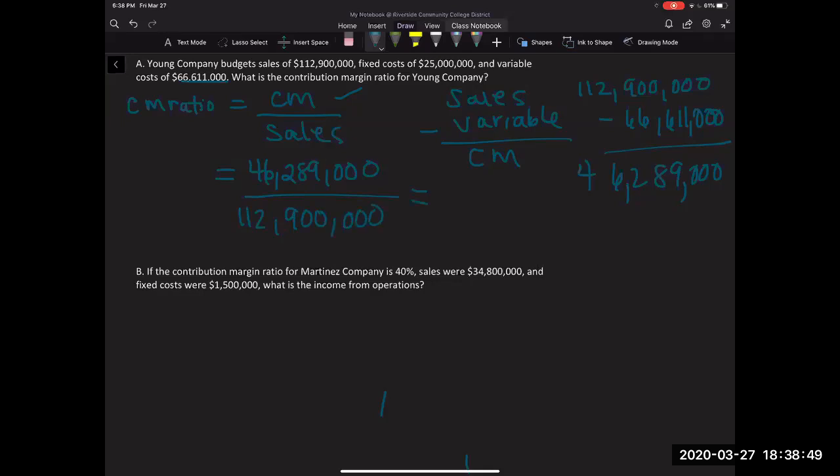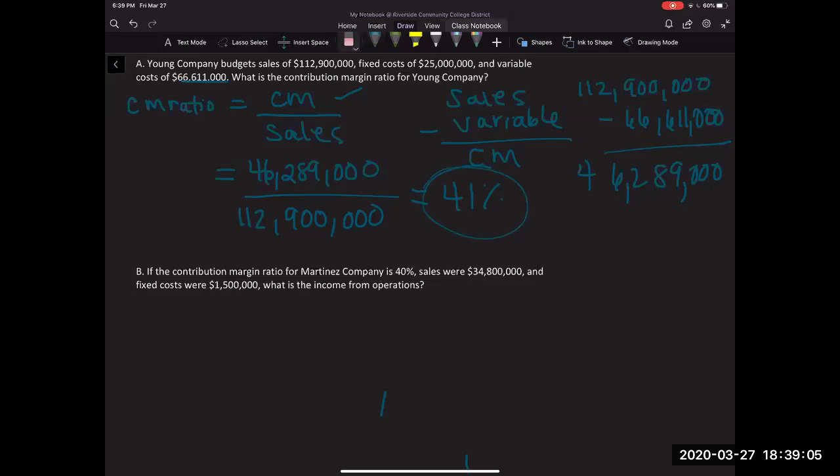Once we do this calculation, our amount comes out to 41%. And that's how we come up with our contribution margin ratio.